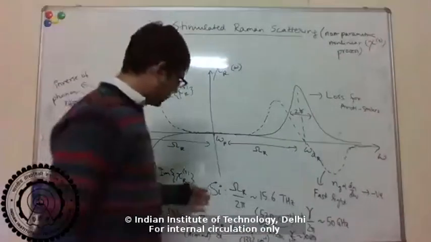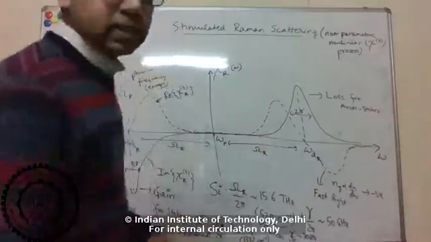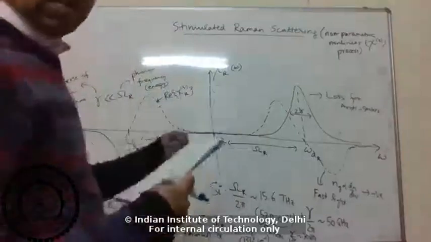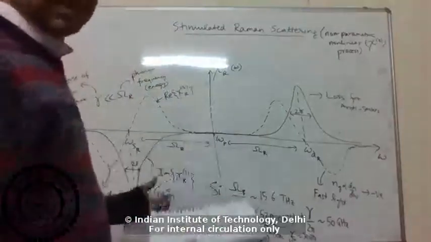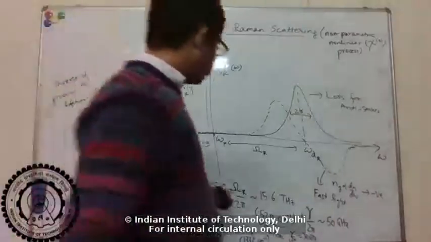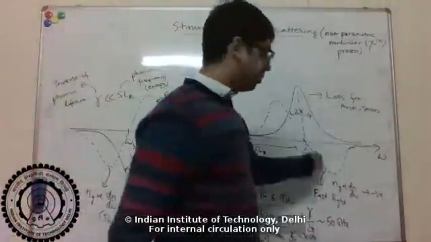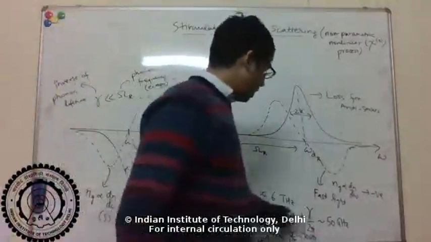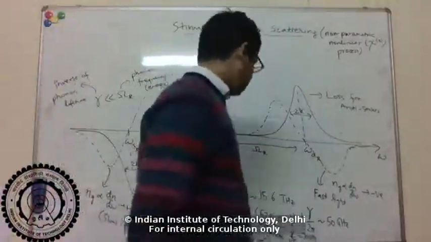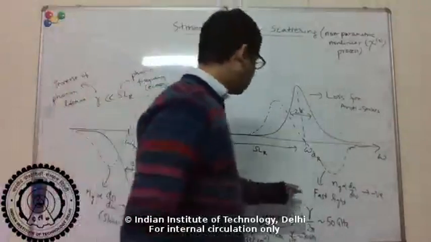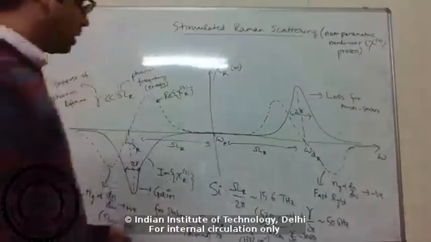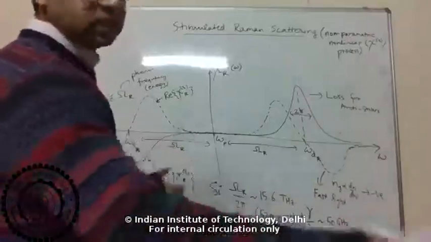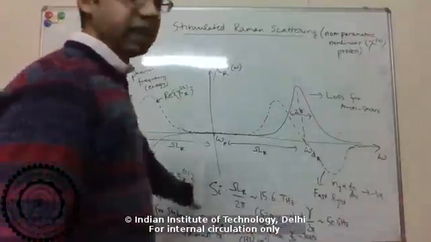Okay, so both silicon and diamond are crystalline materials, right? So they have a very well defined crystal structure. So they have very well defined optical phonon modes. So the modes of vibration are very well defined. It's a crystalline structure. So that's why this resonance is really well defined. And they are at very high frequencies, and the line width is very small compared to the shift, which means what? That the phonon lifetime is long, right? So the vibration, once you excite it, stays for some time before it decays in crystalline materials, right?